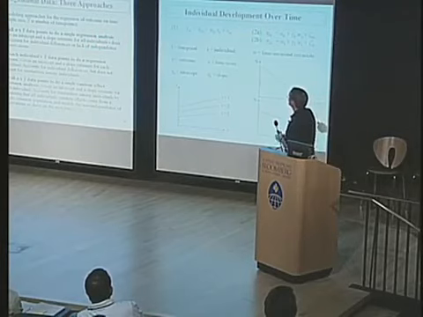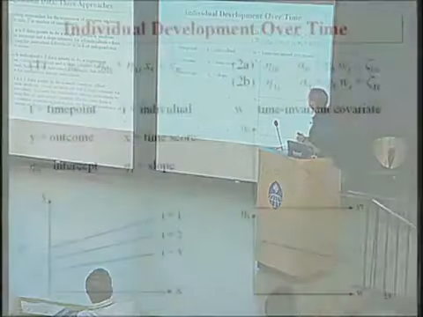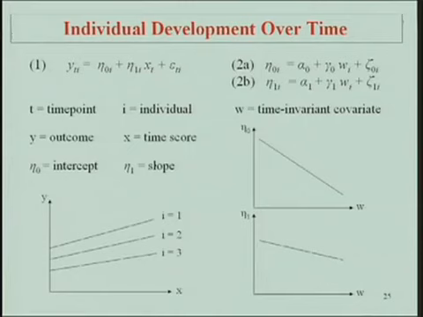So we're going to look at y as a dependent variable, and we're going to look at the subscripts a little bit here. It's time point t for individual i. So time point and individual, you have it written out here. And this equation 1 should just be thought of as standard linear regression.